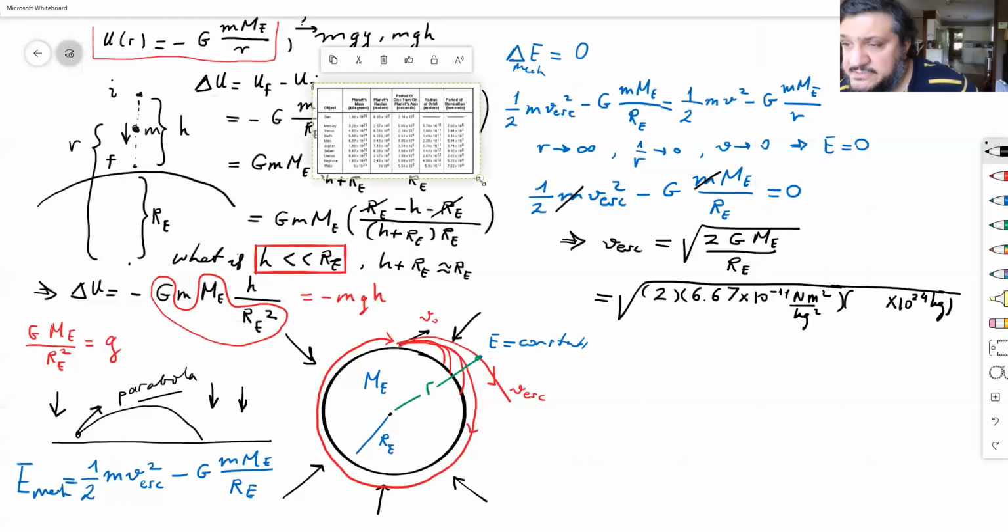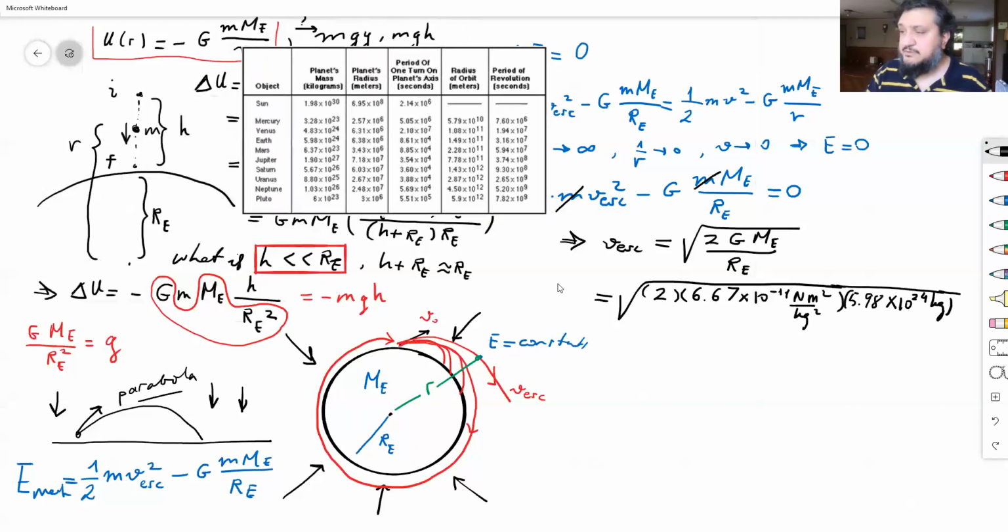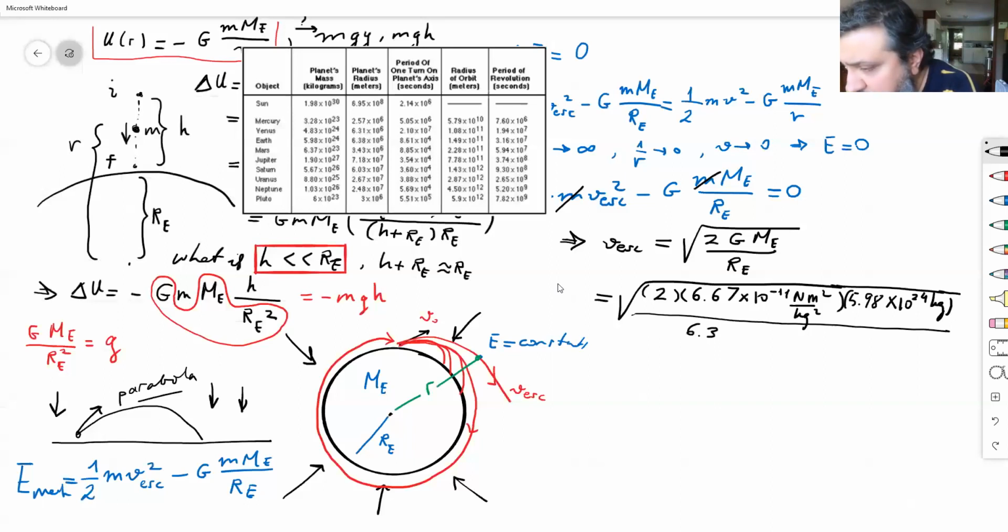So let's use this. Earth has a mass of 5.98 times 10 to the 24th power in kilograms, and now divided by the radius of the Earth, 6.38 times 10 to the power 6 meters.